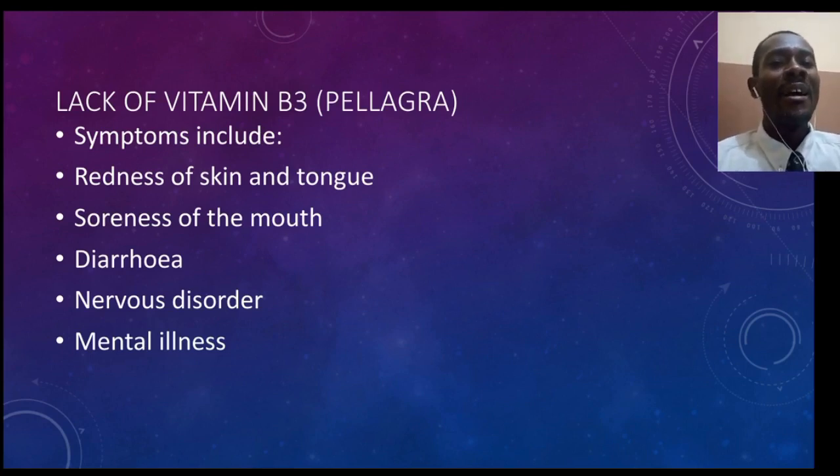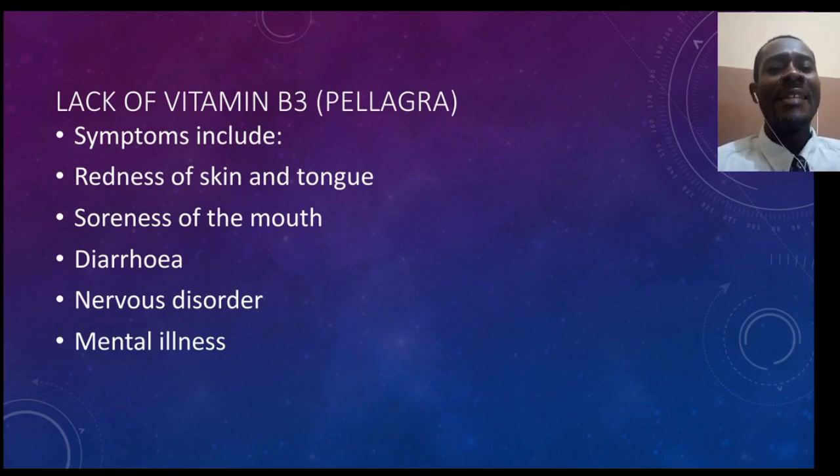The symptoms include redness of the skin and tongue, soreness of the mouth. You can imagine when you have sores inside your mouth, if you're lacking vitamin B3, you can't even eat anything because any little thing you put inside your mouth is going to be very, very painful.